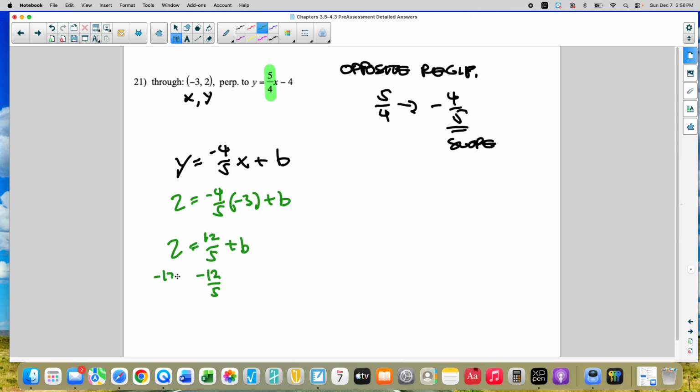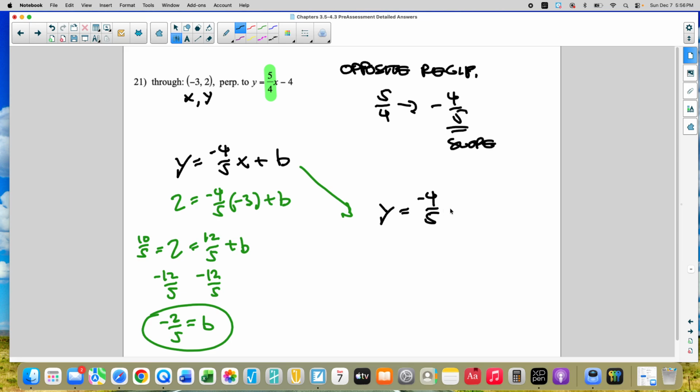This is equal to 10/5. So that gives me -2/5 equals my y-intercept. So I can take that information and write my correct slope-intercept form: y equals -4/5 x minus 2/5. That is the equation in slope-intercept form.